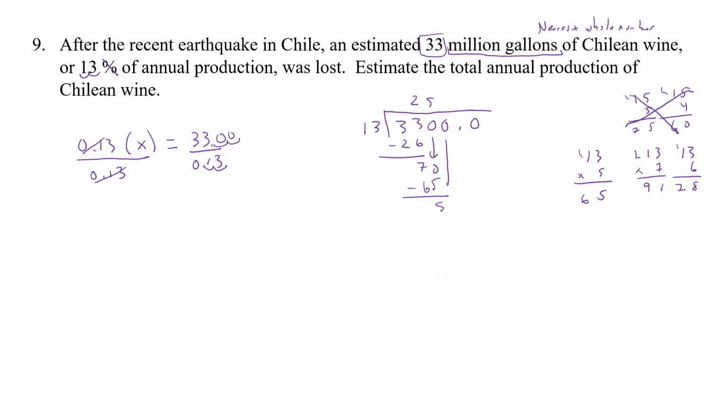Subtract that, that's 5. Now we bring down our 0, that's 0. All right, so 13 times, let's see, 4, that's a 12, that's 52, so that's too big, so it's going to be a 3. And that's going to give us our 39 that we talked about the first time, so I don't know where I got 15 up there.